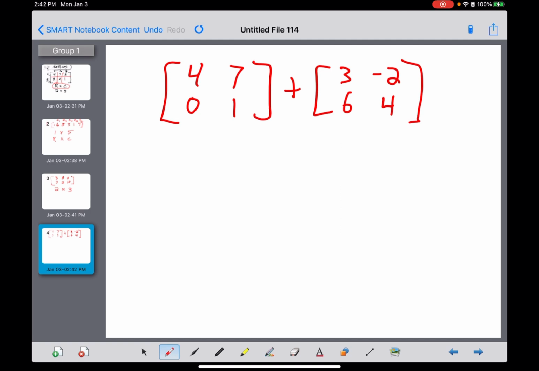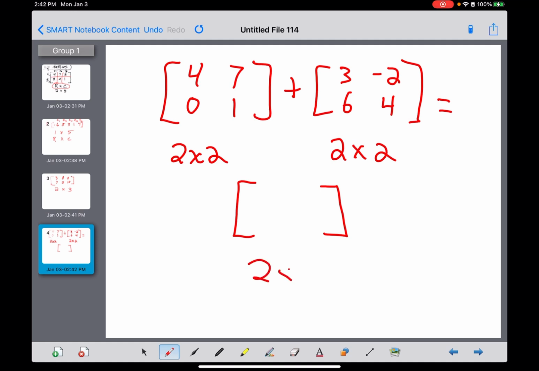If they're not the same dimensions, you cannot add or subtract them. This is a 2 by 2 and a 2 by 2, so the result is going to be a 2 by 2 matrix.